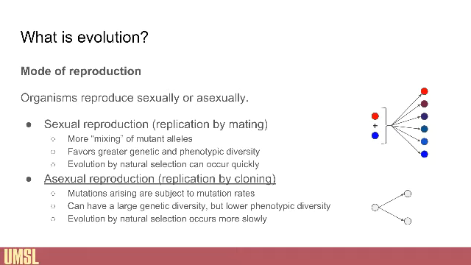And also mode of reproduction. This is a big driver in terms of how evolution proceeds in populations. If you are a sexually reproducing organism, what this ultimately does is favor greater genetic diversity and phenotypic diversity, right?